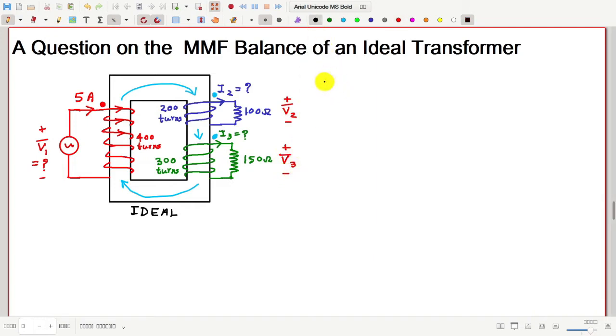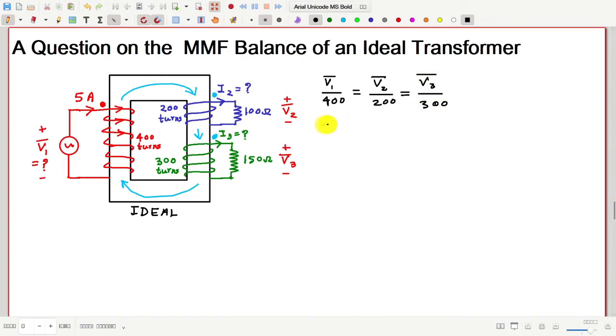Now V1 divided by 400, the number of turns in the first coil, should be equal to V2 divided by 200, which should be equal to V3 divided by 300 turns.